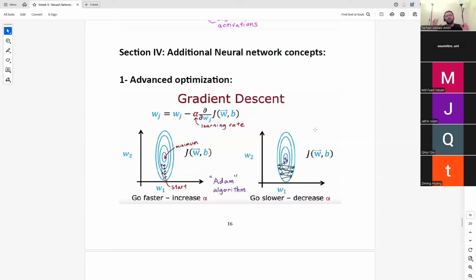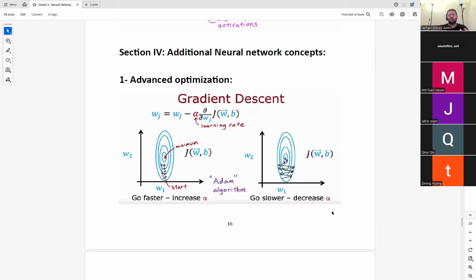And what is the optimization algorithm that can adjust the value of the learning rate alpha? For example, in some stages it can increase the alpha value, and in some steps it can decrease the alpha, right?